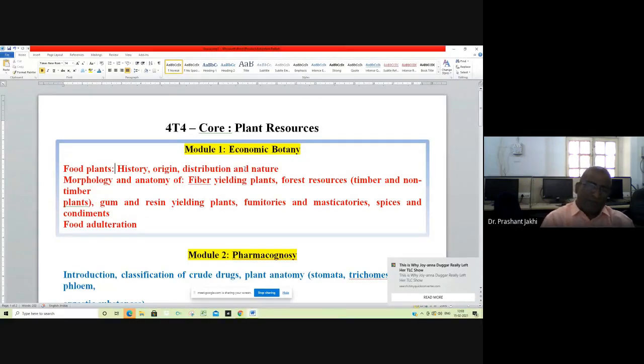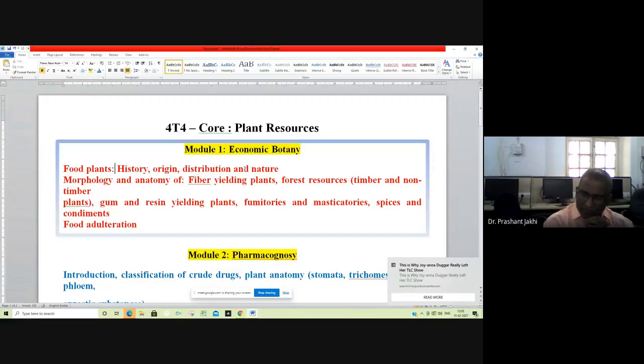We use a variety of different types of fiber in routine practices. In our surroundings, there are a variety of different types of plants which are used for different purposes.